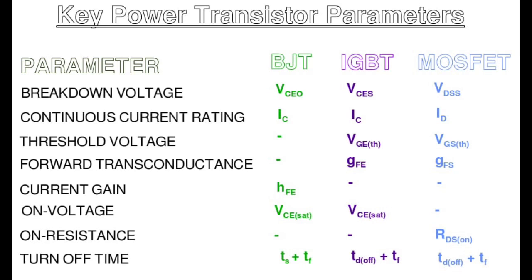Secondly, types. Choosing between NPN and PNP affects circuit topology. For example, NPN transistors are often used in common emitter amplifiers, while PNP transistors are used in complementary circuits like push-pull amplifiers. Thirdly, materials. Material choice impacts performance.